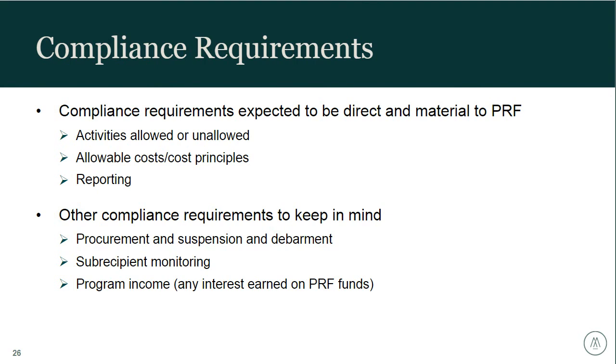These would be what we focus on when auditing the program: activities allowed or unallowed, allowable costs and cost principles, and reporting. The first 2 are really intertwined because it's about what are those qualified expenditures, whether it's incremental healthcare expenditures attributable to COVID or the lost revenue piece of it. Are those allowed under the program to be claimed against the Provider Relief Fund?